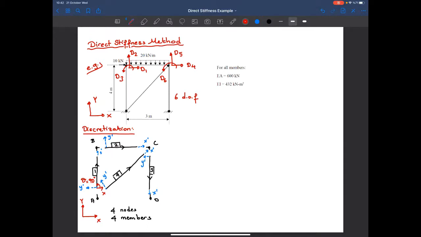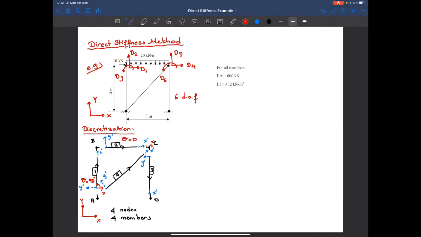So I go member by member and try to determine the global and local axes. For the second member, the global X and the local X, they are in the same direction, so the rotation angle is equal to 0. So theta for this one is equal to 0.